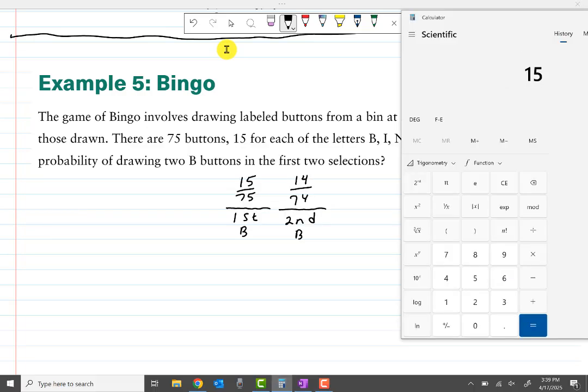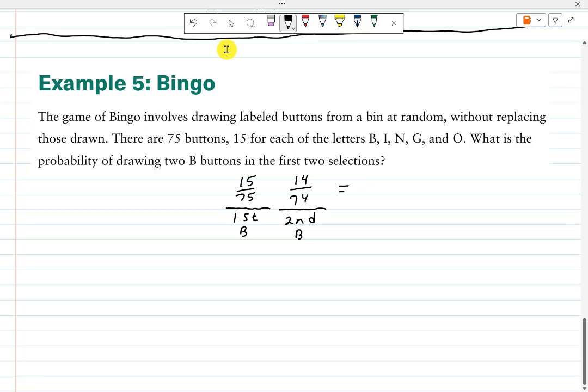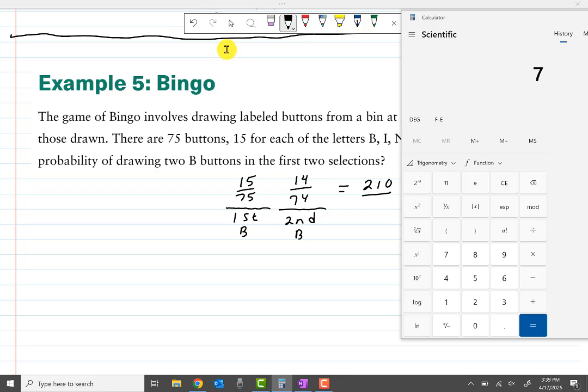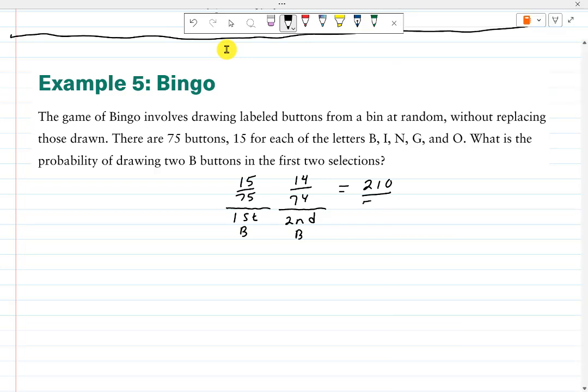So 15 times 14, 210, over 75 times 74, 5550.